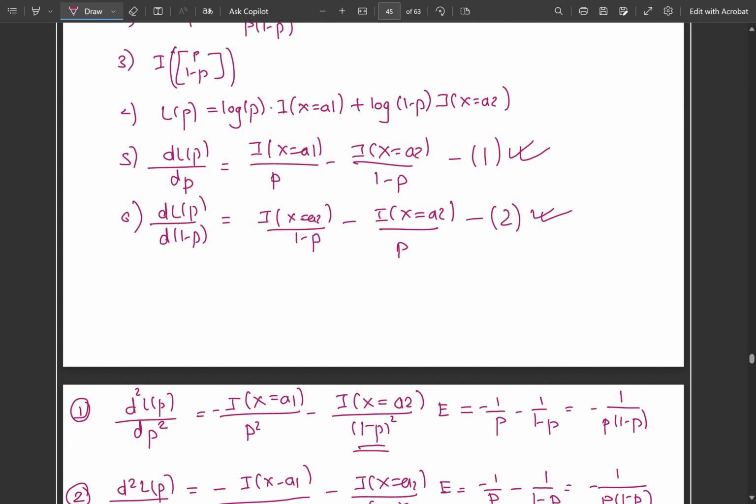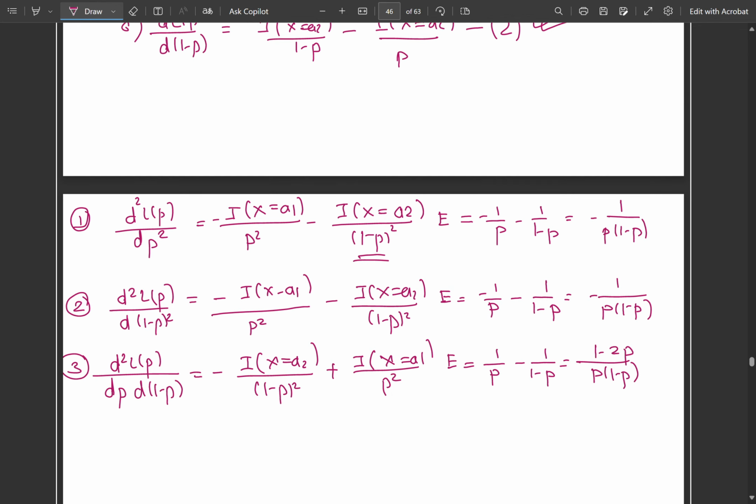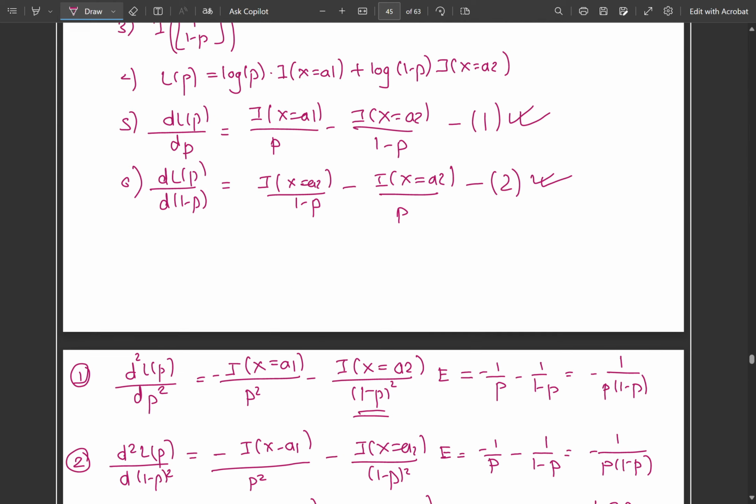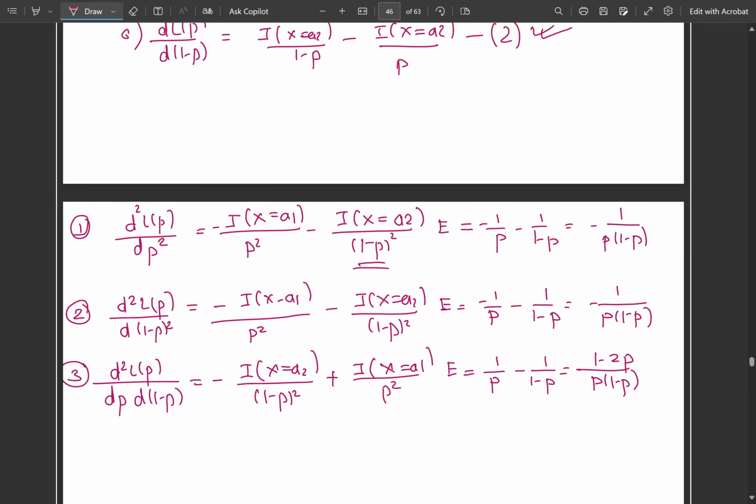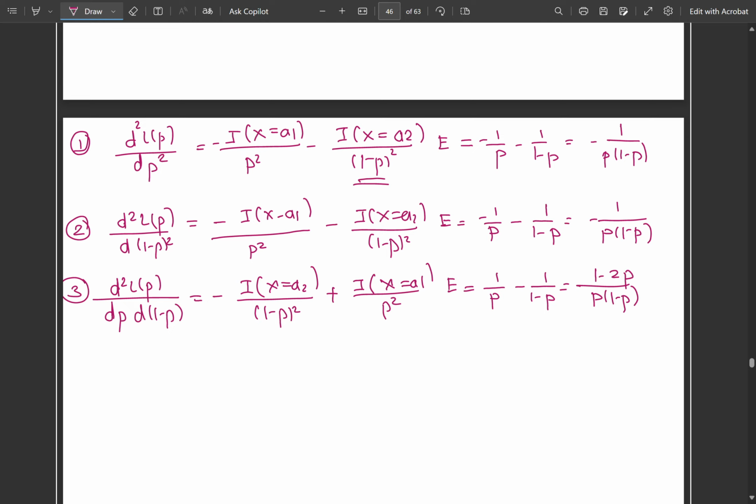For the second expression, we took the second derivative with respect to 1 minus p. And we again went back to the first expression, and instead of taking the second derivative with p, we took the mixed second derivative with 1 minus p, and we had this expression. So we took all three expressions and took the expectation of them, and they gave us these expressions.